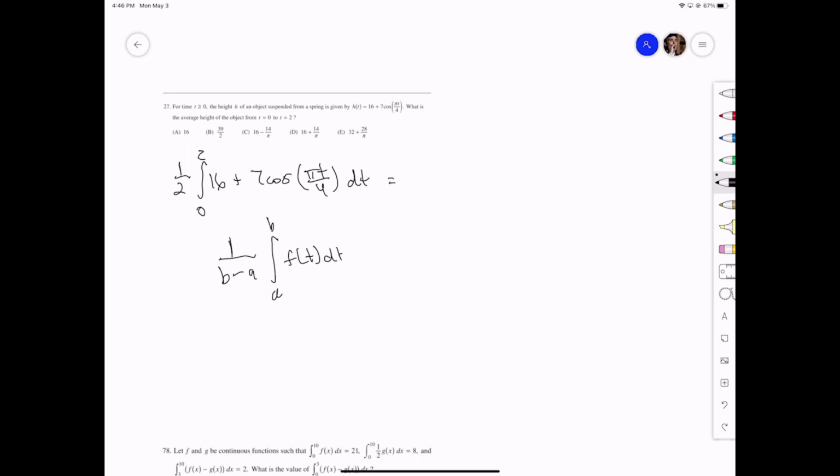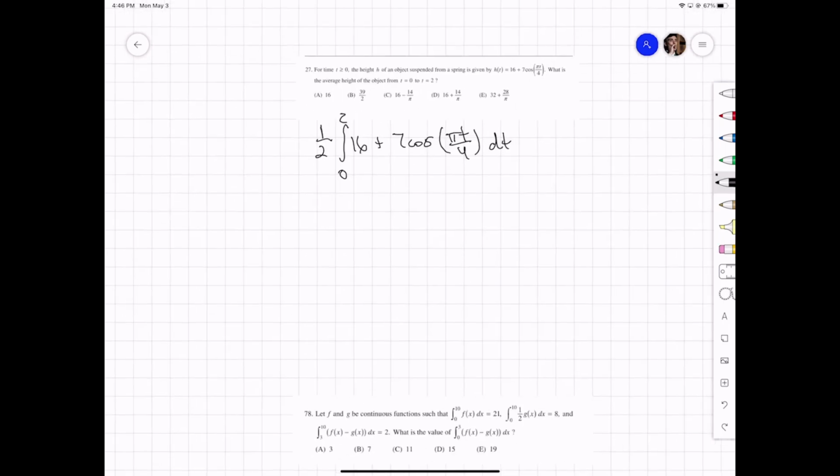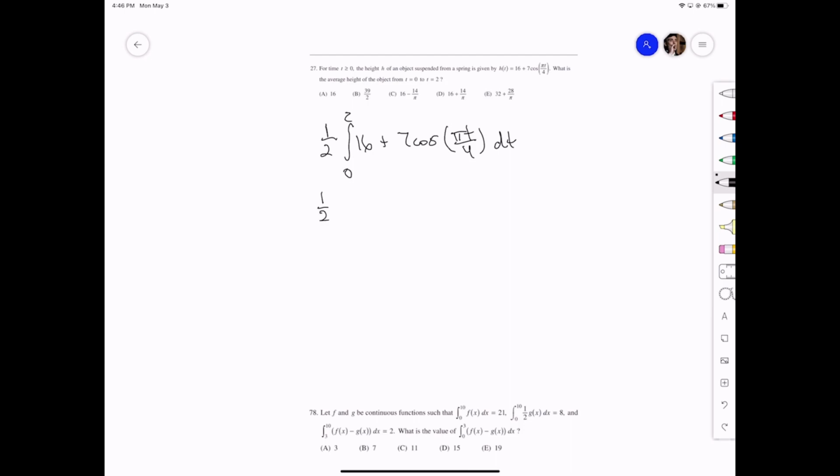Okay, so this one is 16, or okay, this is annoying. So you have to do u sub for the cosine one. So let's just separate this into two.